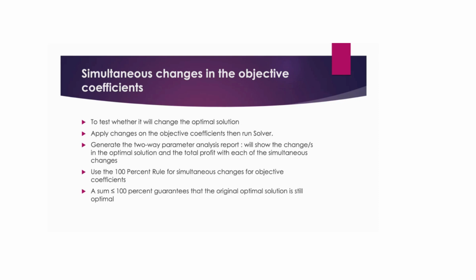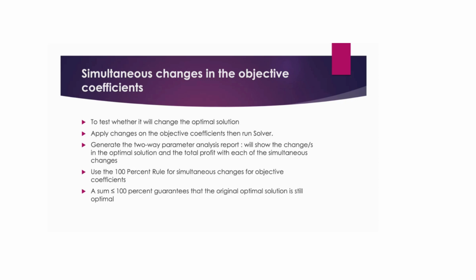Okay, so this involves applying changes in the objective coefficients, then running Solver. Then generate the two-way parameter analysis report. And then you will use the 100% rule if there are two simultaneous changes on the objective coefficients. And then evaluate the sum of the percentage changes. Then use the 100% rule.